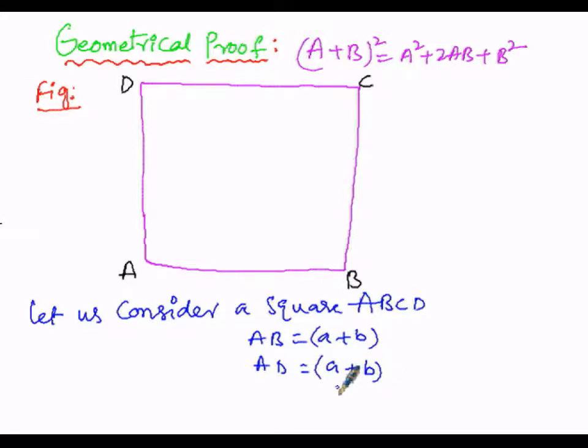But to represent the units a and b separately, first of all we have to divide AD and BC by means of EF. So this is EF. EF is dividing AD as well as BC. And similarly AB and DC are also divided by means of one more line, that is GH.